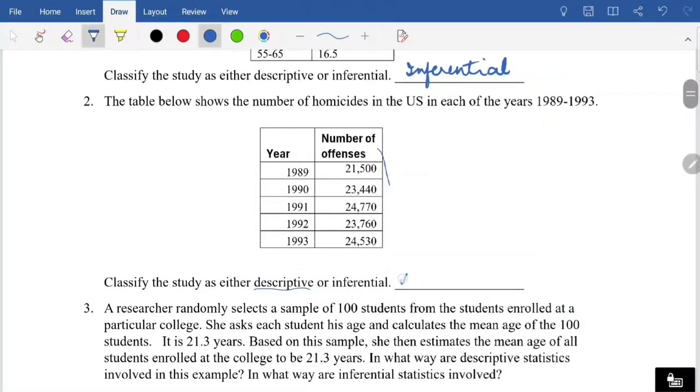This is descriptive statistics, because it doesn't say anything about estimates. It doesn't say whether a sample was drawn or not. This is actual data for the entire country over these years. So that tells us this is descriptive data.